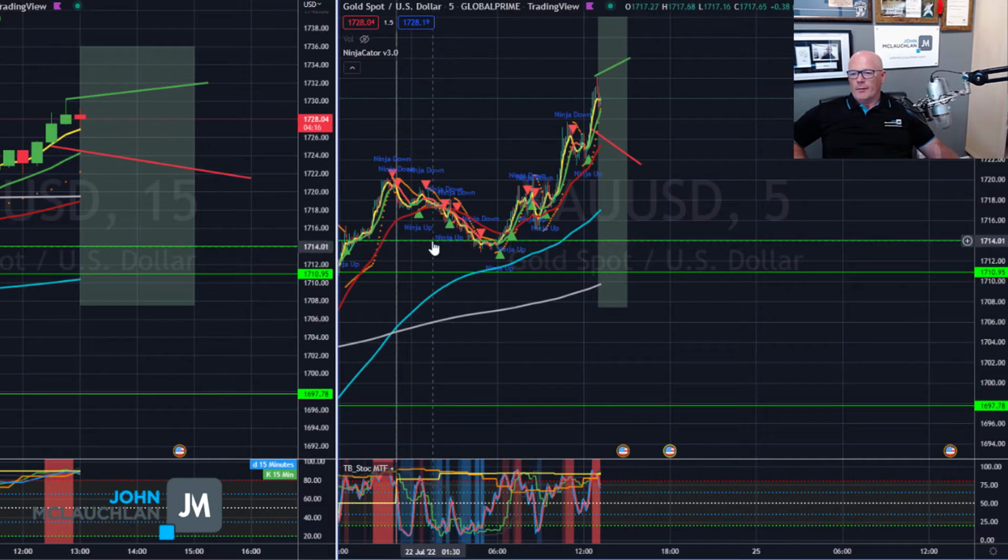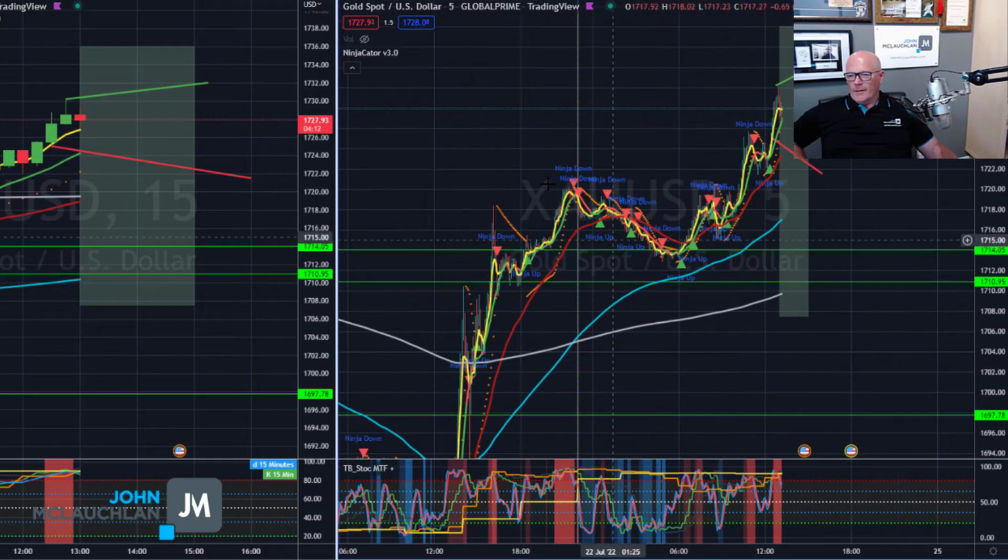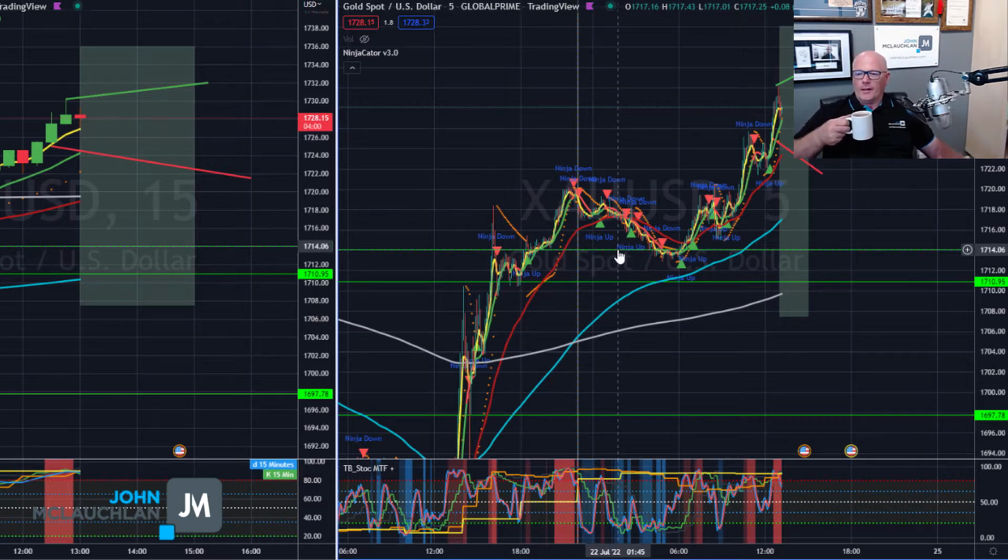So if you go back to this line here that I put on last Friday, this is an area of support and resistance, and to be honest, one of the easiest ways to trade is just by looking at price action and incorporating support and resistance.